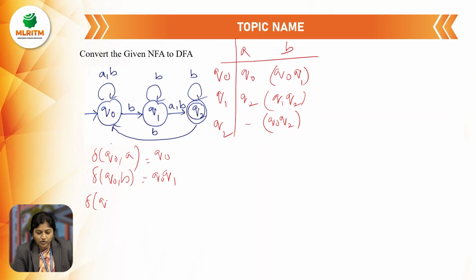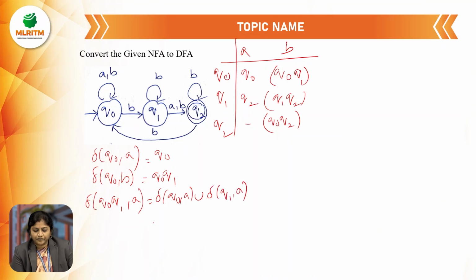Transition of Q0, Q1 on A is the transition of Q0 on A union the transition of Q1 on A. Transition of Q0 on A is Q0 only, union Q1 on A, Q2. So this is Q0, Q2.